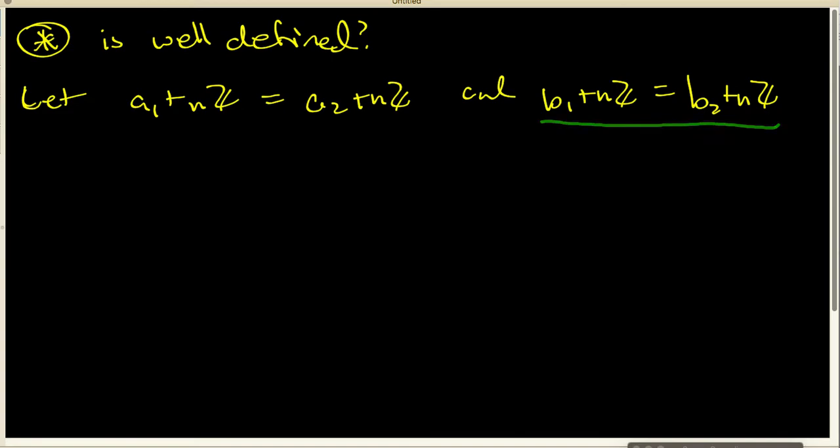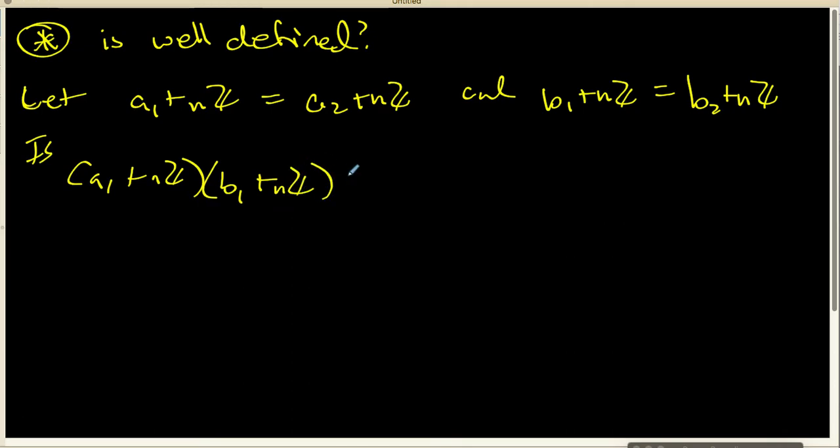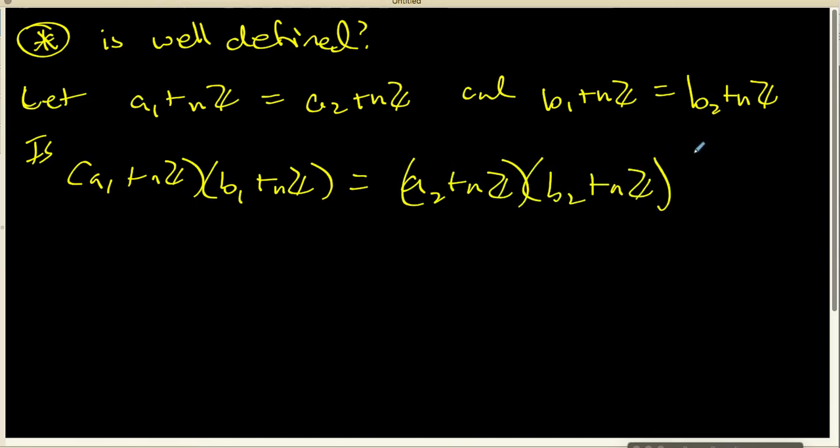And of course, the question is going to be, is this product here the same as this product? And again, what we're going to do is we're simply going to compute things.